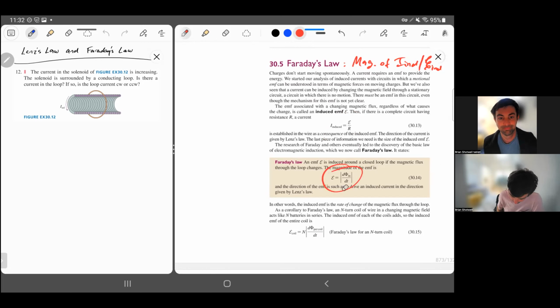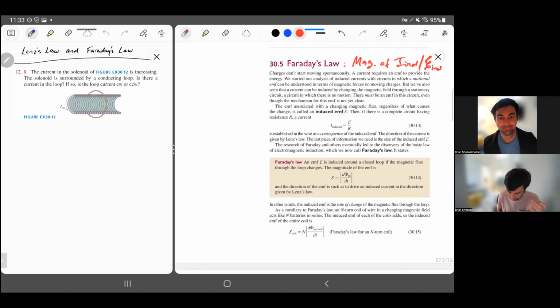If you take the SI units for magnetic flux, Webers, or Tesla times meters squared, and you divide by seconds, you actually get volts out of this. You get an EMF. And notice there are no constants in front here. So you could think of this as defining how we get the Tesla in the first place.